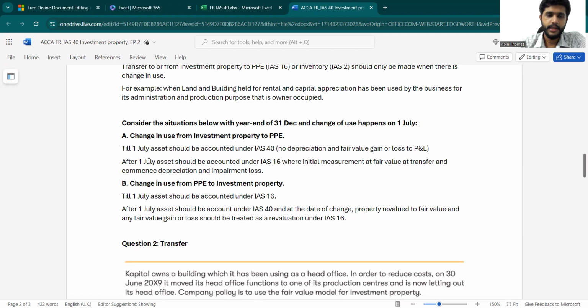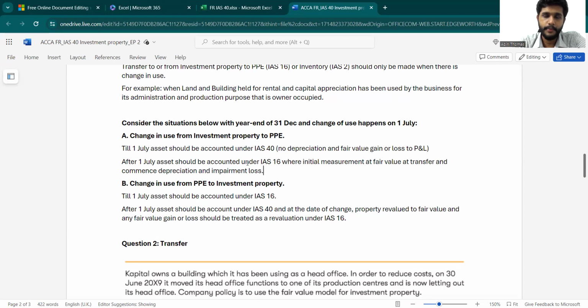After 1st July, the asset should be accounted under IAS 16, where the initial measurement is at fair value at the transfer, and then depreciation and impairment loss commence. See, the main twist happened after 1st July.